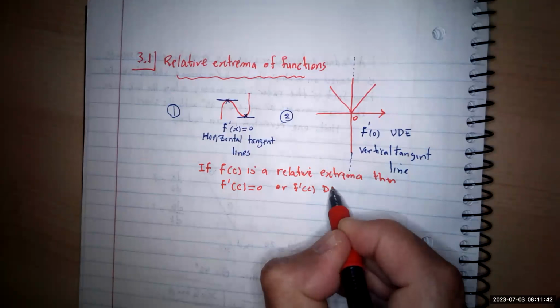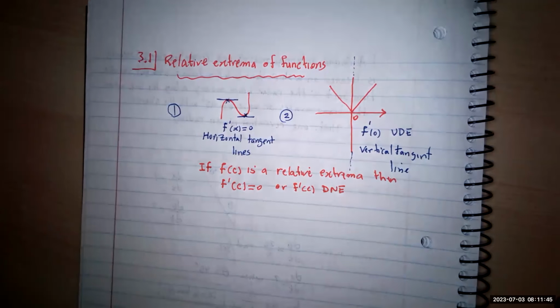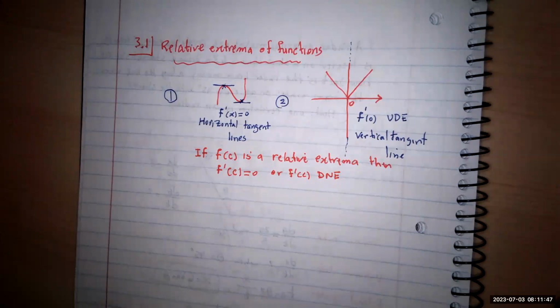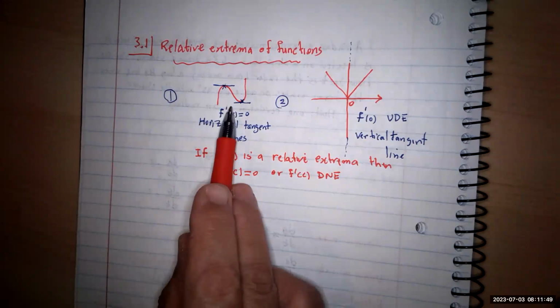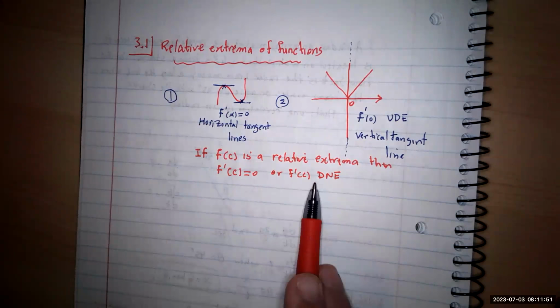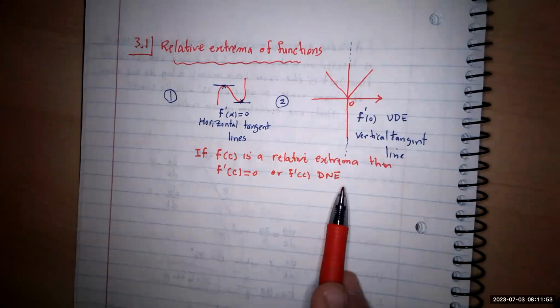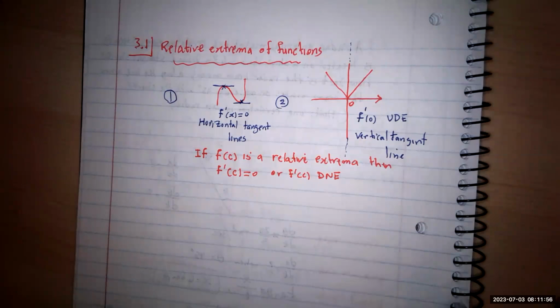If it is 0, you get a horizontal tangent line.